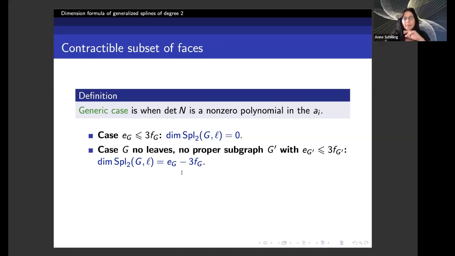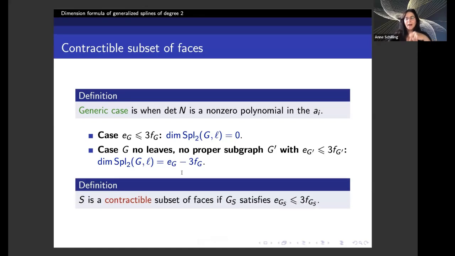Okay, so the question is now, what happens when you have a subset of faces where the number of edges is less or equal to 3 times the number of faces? In this case, we call the subset of faces contractible.